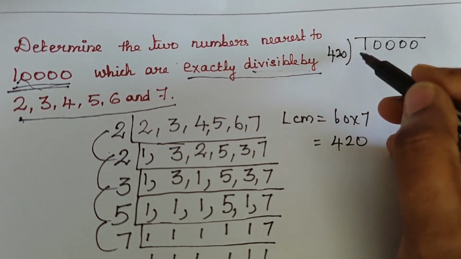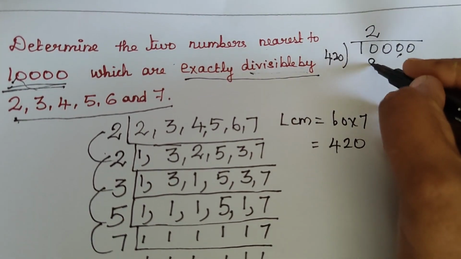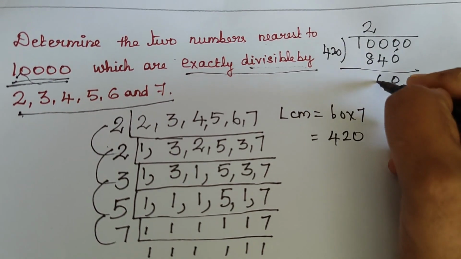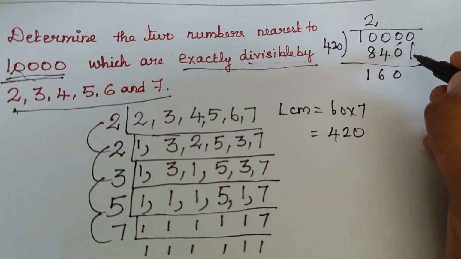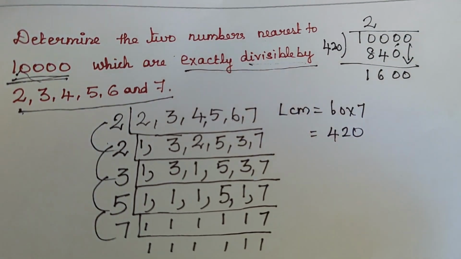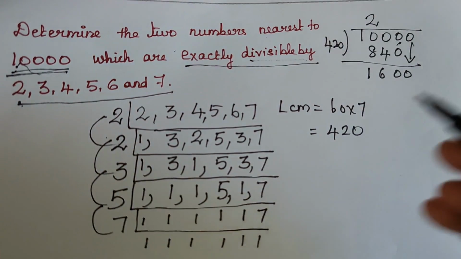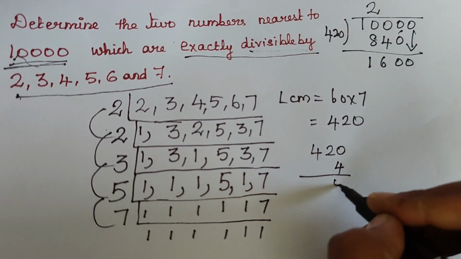So in 1000, 420 goes 2 times. 840, 0, 6, 9 minus 8, 1. Bring down another 0. Now 420 goes, just check, 420 into 4 is bigger than this.